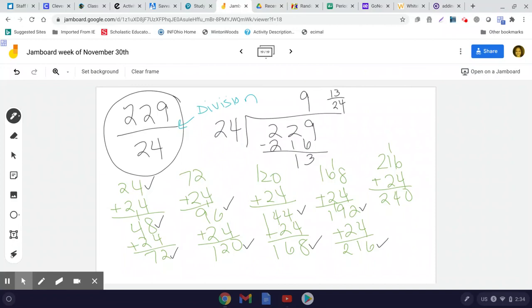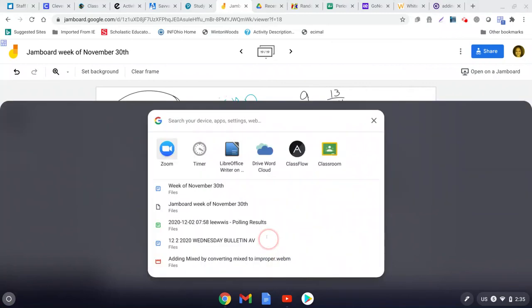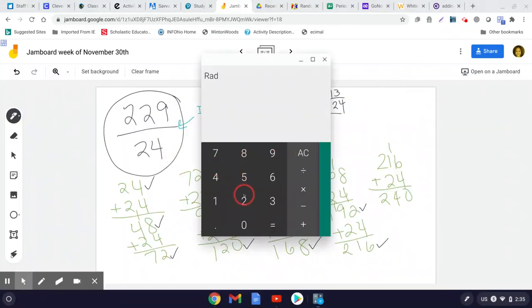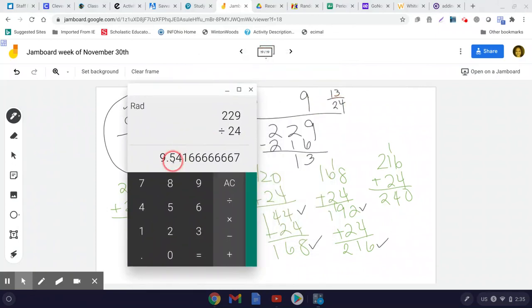All right, so now let's go ahead and make sure we have the correct answer. Calculator. There it is. So the problem was 229 divided by 24. 9 and that long decimal, 0.5416 repeating.